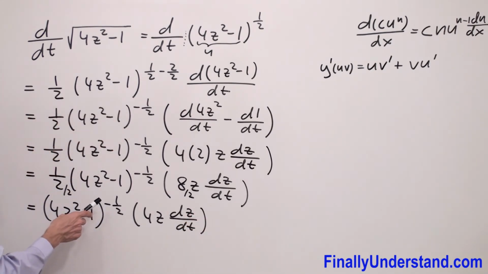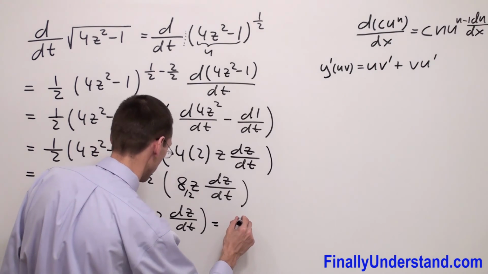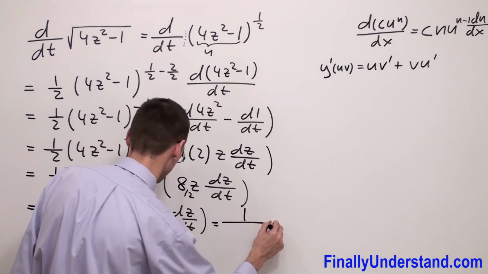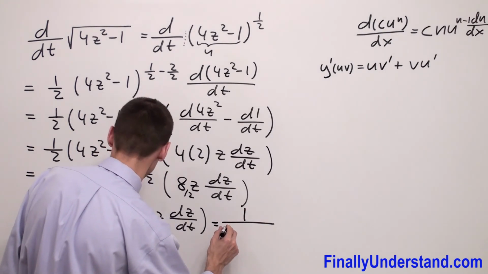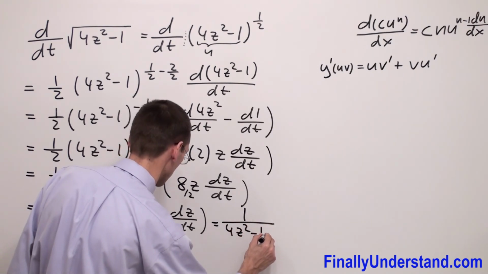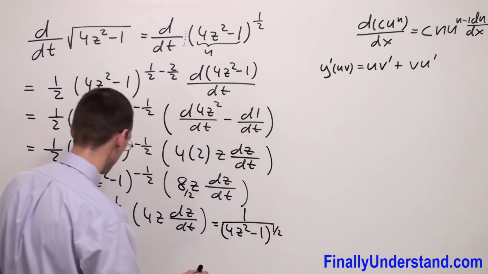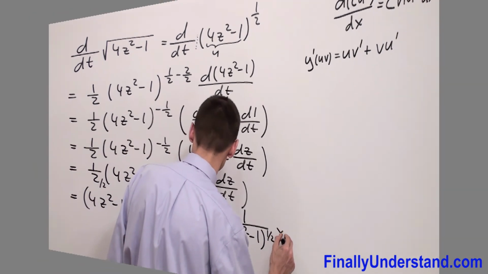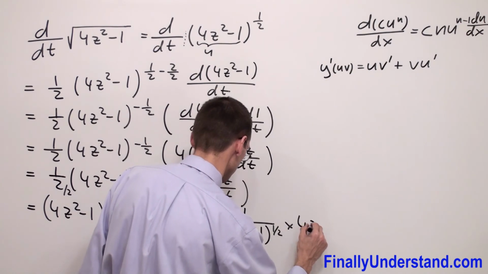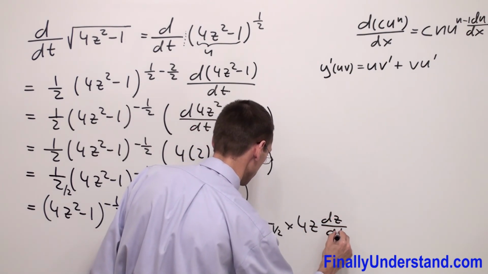Now I want to convert the negative exponent to positive. So what I have to do? Simply write that this is equal 1 divided by 4z squared minus 1 to power 1/2. I'm doing everything step by step, times 4z dz over dt.